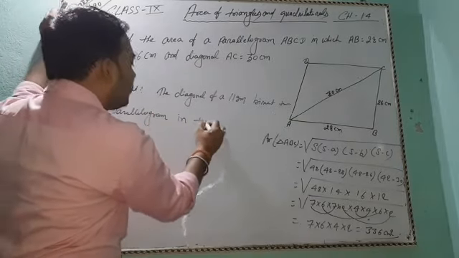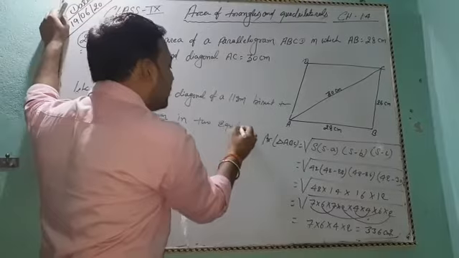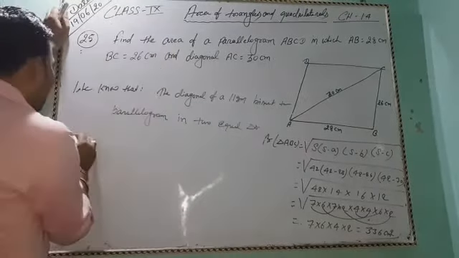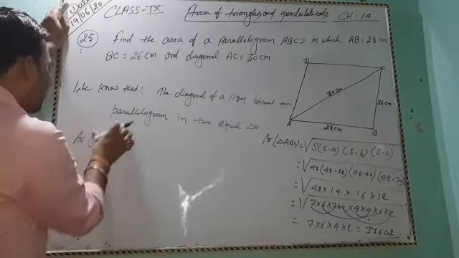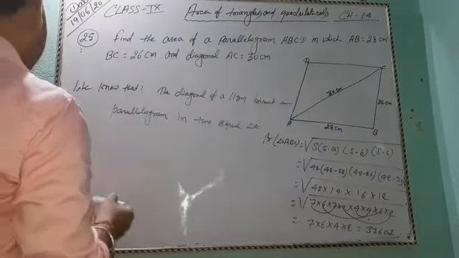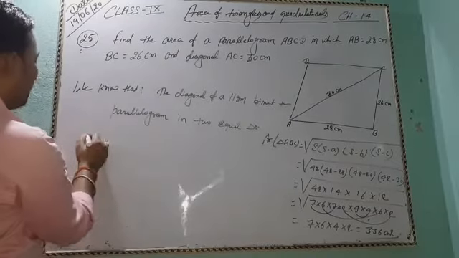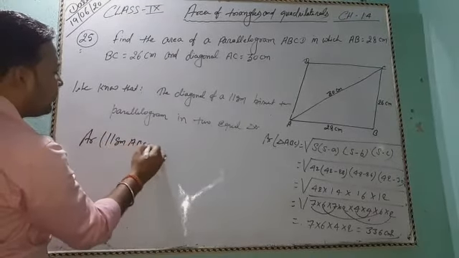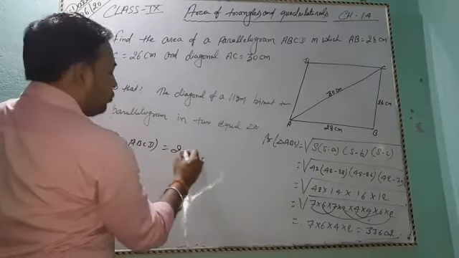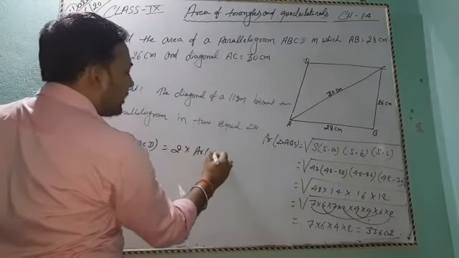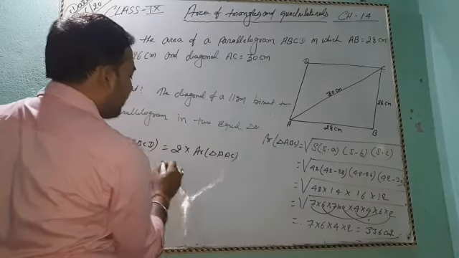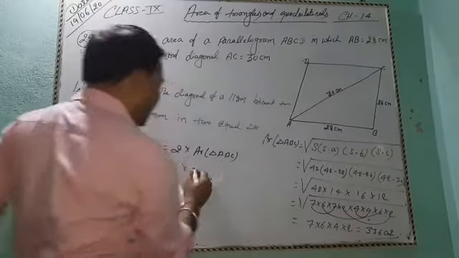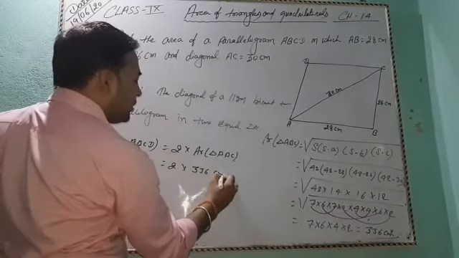Okay, so we write the area of parallelogram ABCD equal to 2 multiply area of triangle ABC. Okay, so 2 multiply area of triangle ABC equal to 336 centimeter square.